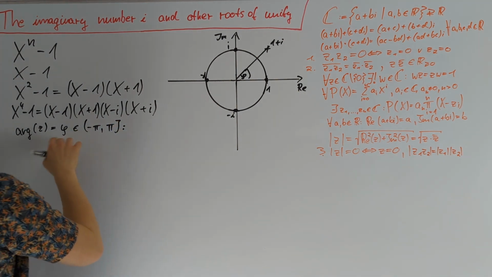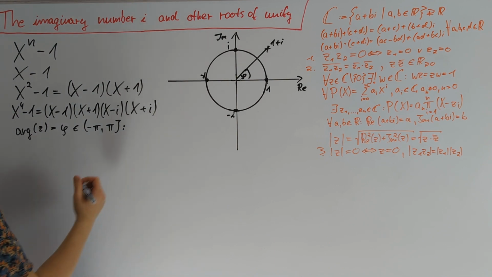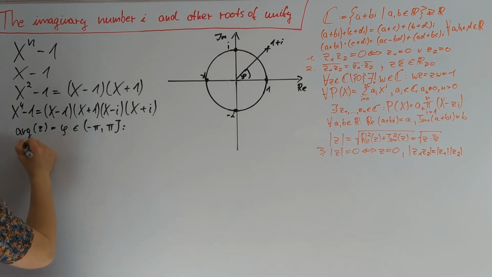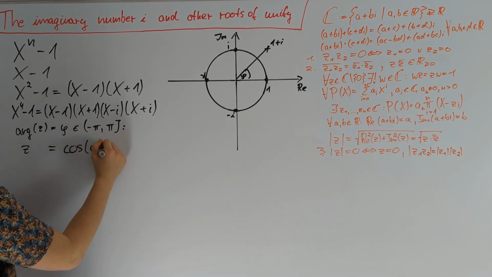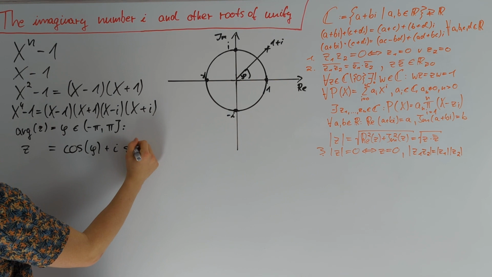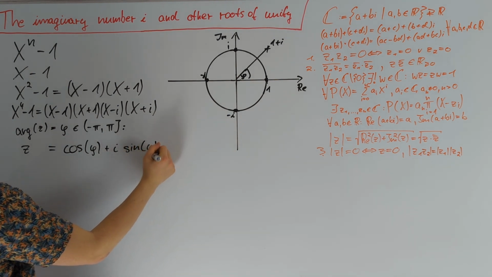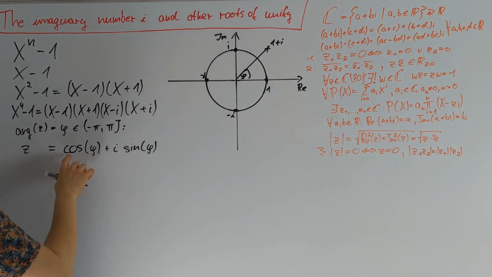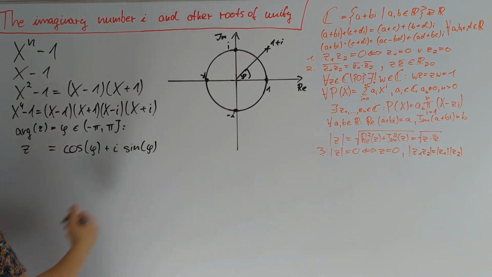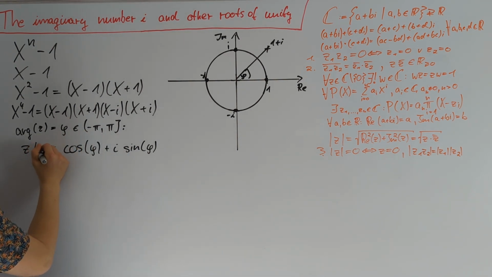and we choose phi in this interval unique with the property that we want z divided by its absolute value to be equal to cosine of phi plus i sine phi. If z lies on the unit circle, this is exactly working due to the definitions of cosine and sine, but we have to make up for the fact that z could possibly not lie on the unit circle, and therefore we have to divide by its absolute value here.